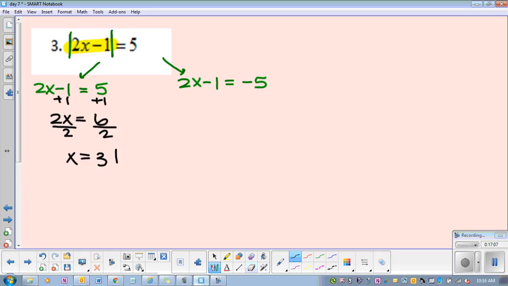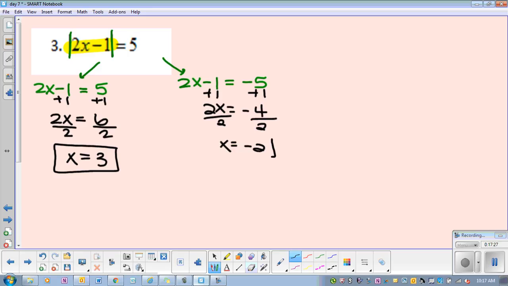Okay, so we have 3 here. Now let's solve the other one. We should have x equals negative 2, yes?